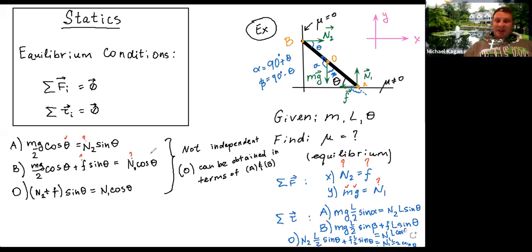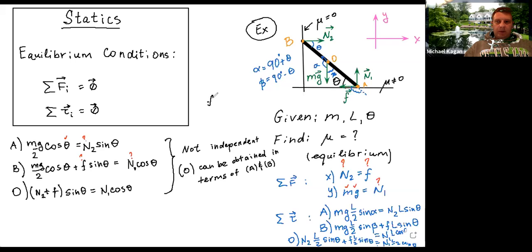So the numbers should precisely match. But yeah, let's go with it. And let's just recall one more equation that we want to write, of course. Because at the end of the day, we want to find the mu, right? So what is mu about? It's about the relationship between this f and the normal force.